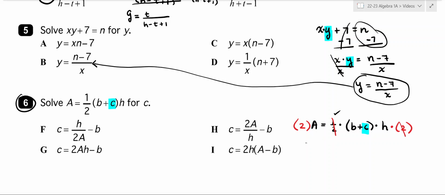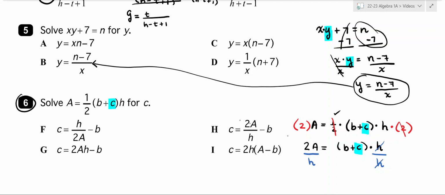So now we have 2a equals b plus c times h. All right, again, we're trying to solve for c. Before we can go inside the parentheses, we have to get rid of this times h, which means we'll need to divide by h on both sides.